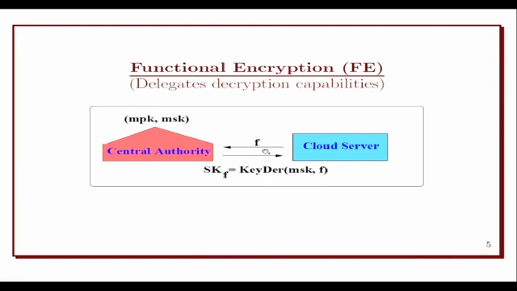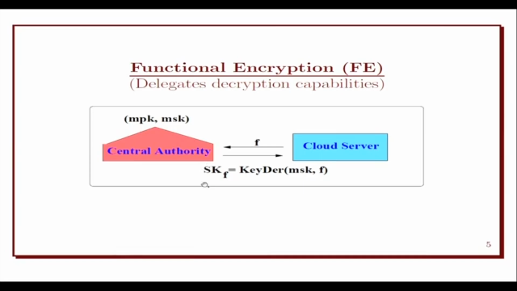Upon receiving this functionality F, it applies a key derivation algorithm, which uses the master secret key and the functionality F and gets the secret key corresponding to that functionality.